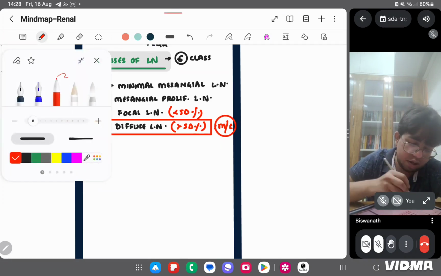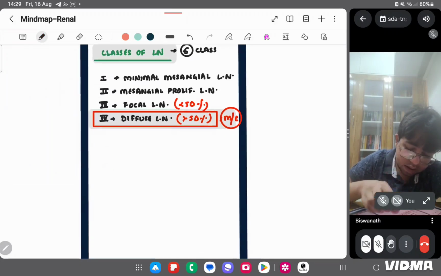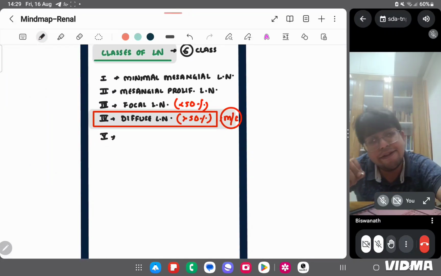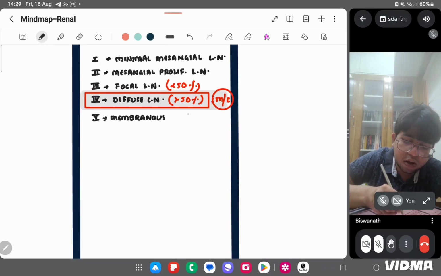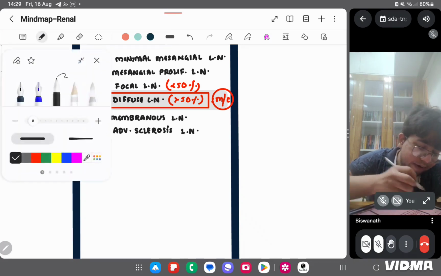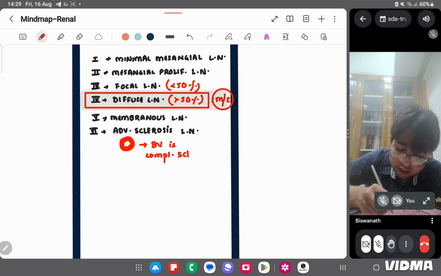Then class 5 is called membranous lupus nephritis, and class 6 is called advanced sclerosis lupus nephritis, because here the blood vessel is completely sclerosed. Let's say this is the blood vessel. The blood vessel is completely sclerosed.